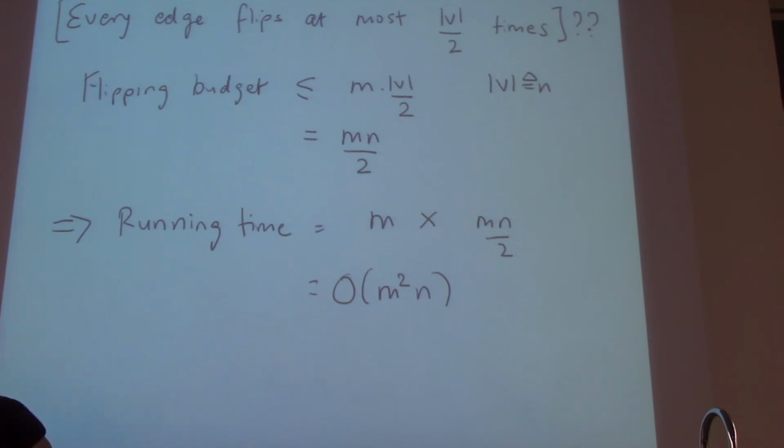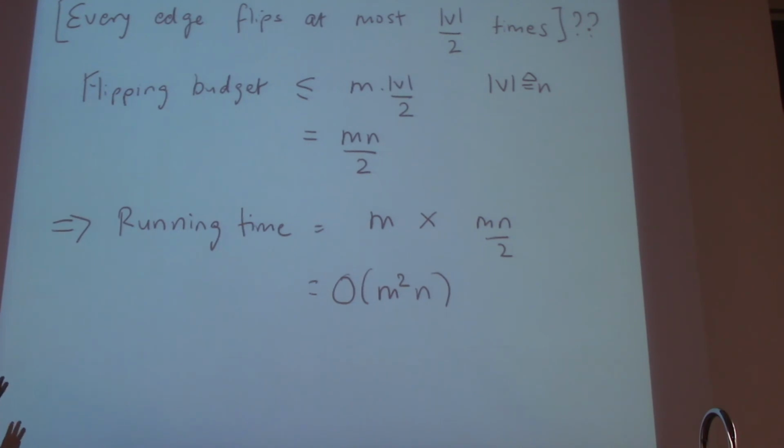So do you see the reasoning here again? I'm saying that I have a budget for the number of times an edge can change its direction. I put an upper bound on that, that gives me an upper bound on the total running time. Because every augmenting path must flip at least one edge, the bottleneck edge. Otherwise this analysis would not work. If I couldn't make that claim, this whole thing would break.